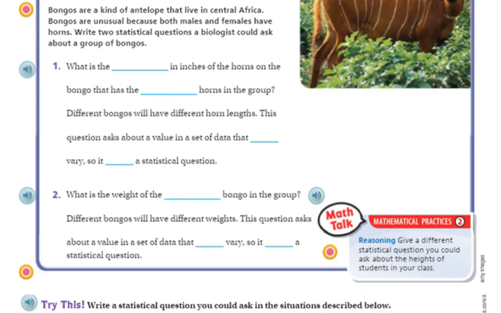So what we're going to do is fill in the blanks here to form these questions. What is the length in inches of the horns on the bongo that has the longest horns in the group?